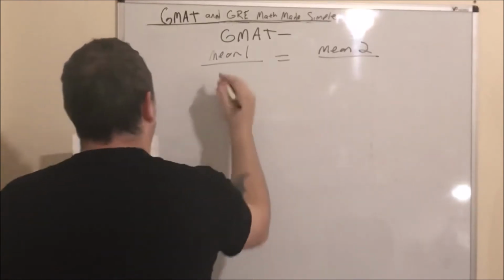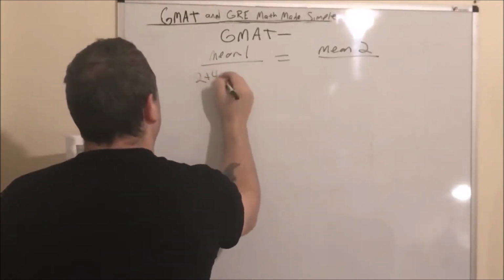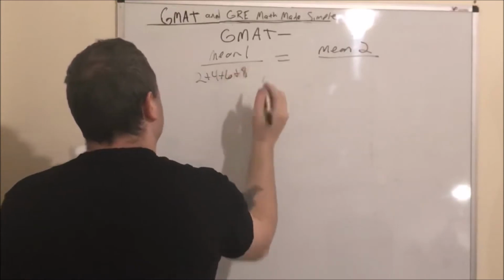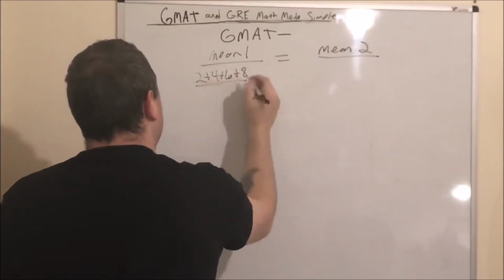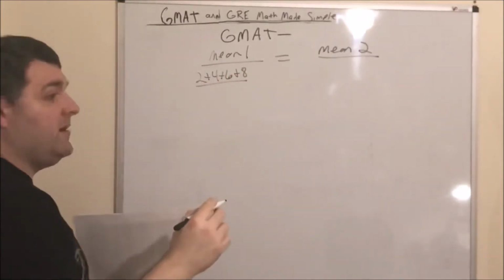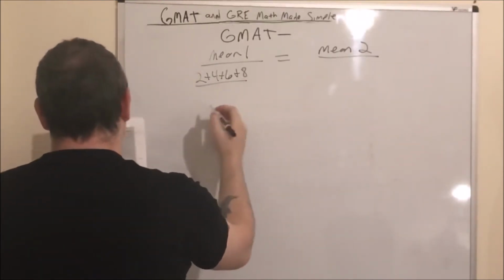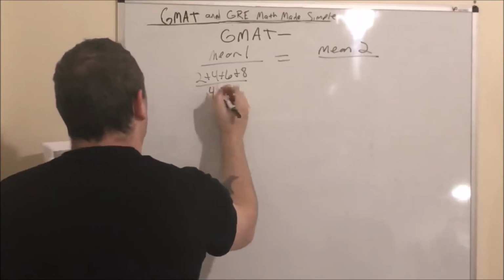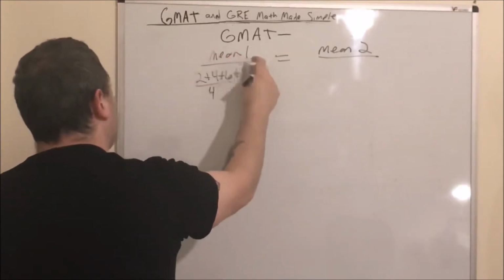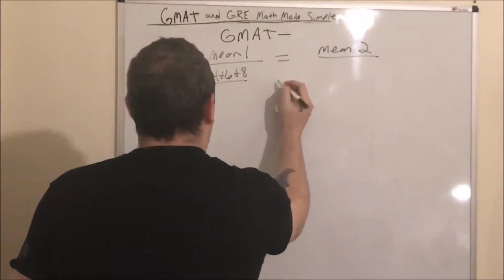So let's figure this out. The mean of 2 plus 4 plus 6 plus 8, we find the arithmetic mean by taking the numbers 2, 4, 6, and 8, over the number of numbers. We have 1, 2, 3, 4 numbers, and we get our average.